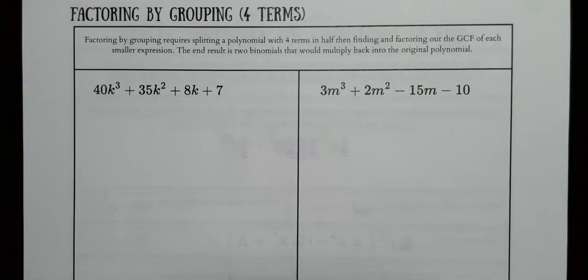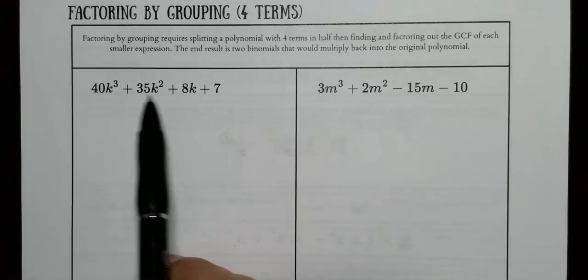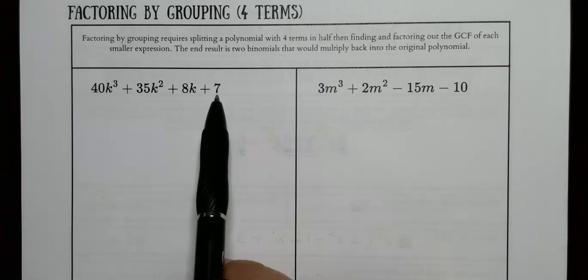So we're actually going to be doing a lot of factoring, but I feel like the introduction to factoring is factoring by grouping. In order for us to factor by grouping, we have to have 4 terms. That means there should be 4 numbers in our polynomial. So if you look at your example here, this is a term, this is a term, this is a term, and so is this.